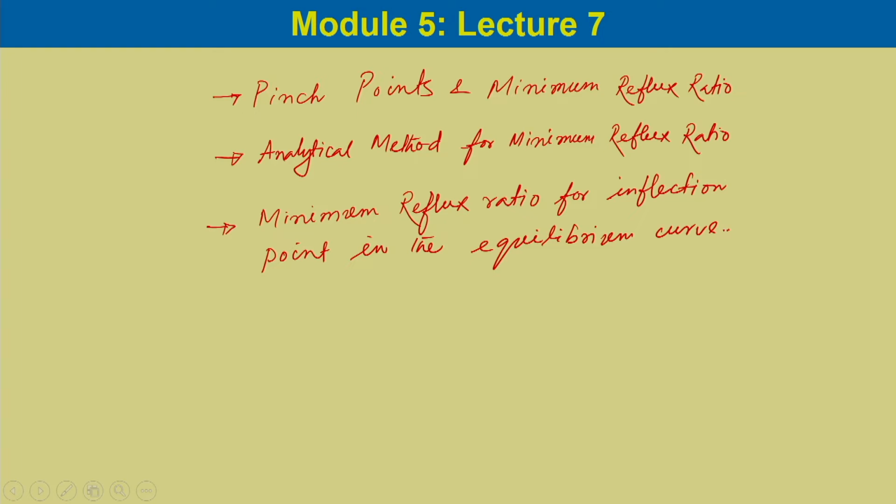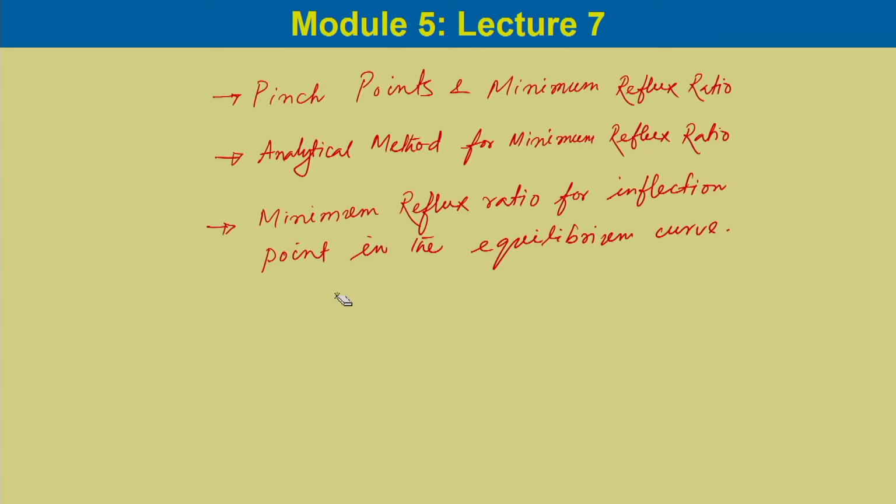So, basically how to locate the pinch point and how to calculate the minimum reflux ratio from the equilibrium and the operating line diagrams, that is the first topic of discussion. Second discussion is whether we can calculate minimum reflux ratio by any analytical method.